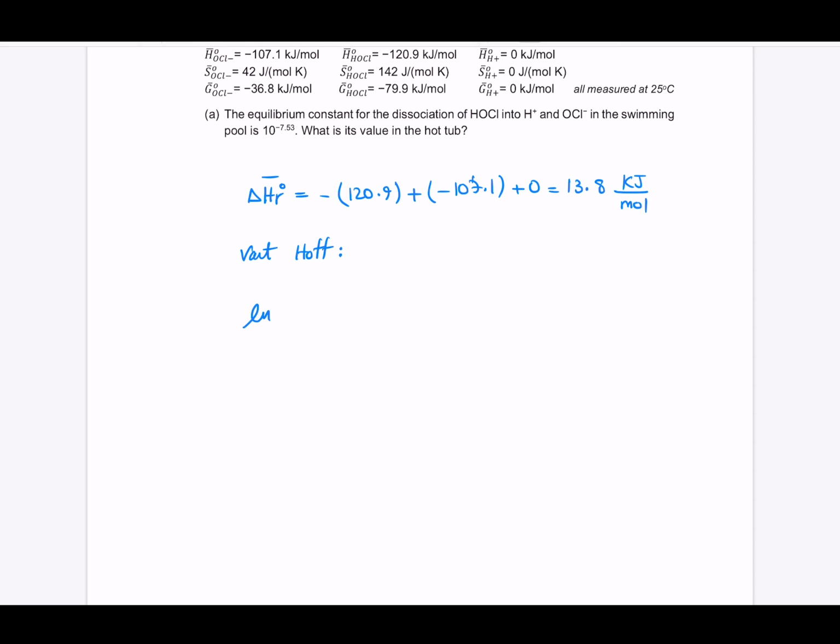we can calculate ln of K for the hot tub. This is something that we're looking for, and then the swimming pool that we have. Delta H divided by R, times 1 over T of the swimming pool minus 1 over T of the hot tub.